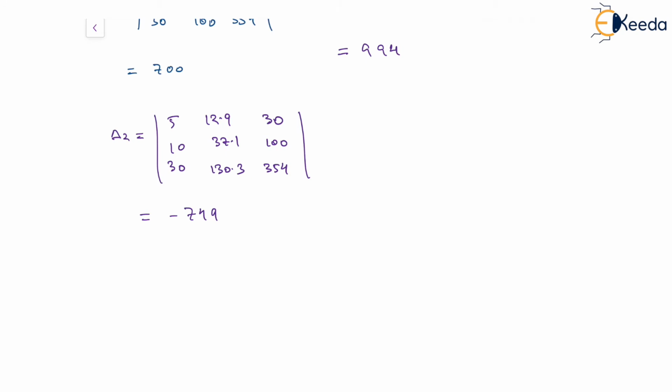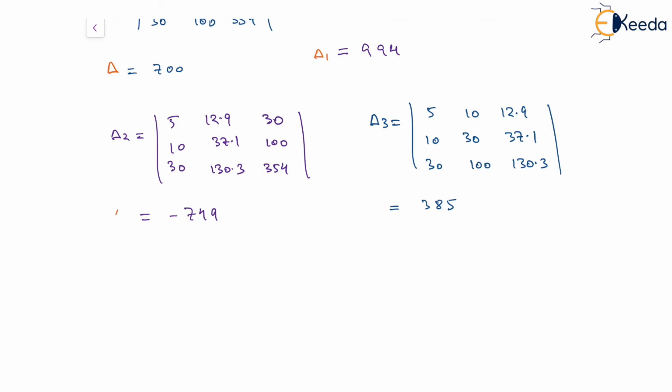Now the third one, delta 3, will be equal to 5, 10, 12.9; 10, 30, 37.1; 30, 100 and 130.3. This is equal to 385. So we have found all the values, that is del, del 1, del 2 and del 3.